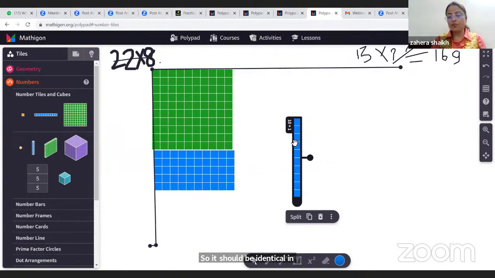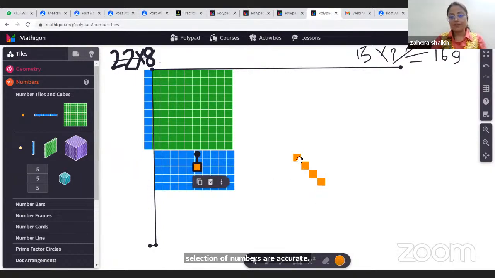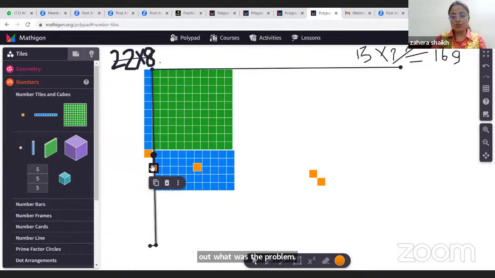Only then can I prove that my product is accurate, or that my selection of numbers is accurate. I need to have 13 here. So this is my 13. Now see the difference. What was the problem if I used two different units? It's not possible to represent any number or solve any problem when you have different kinds of units.